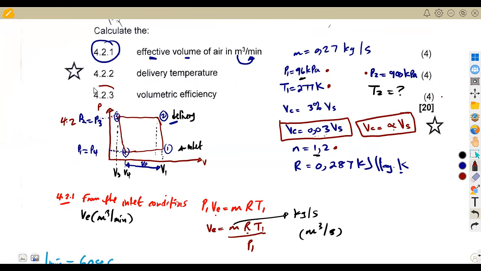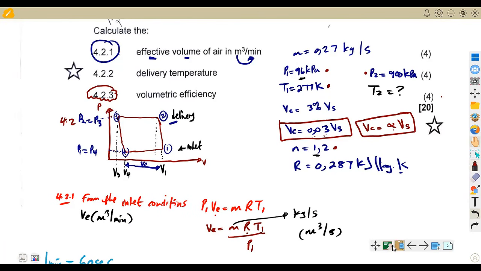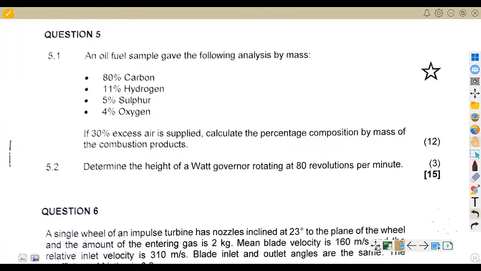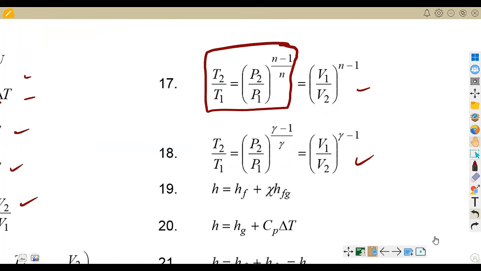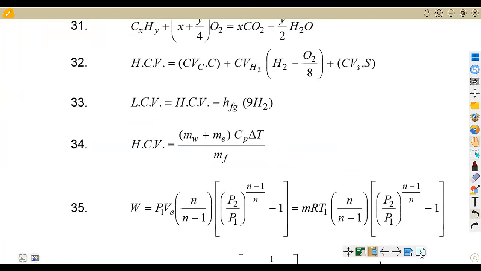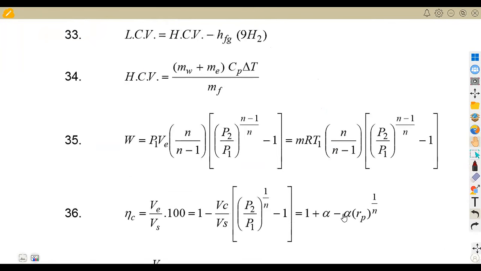All right, then we have got the 4.23, the volumetric efficiency. On the volumetric efficiency, I want us to consider this. This one I want to explain from the formula sheet, because I talked about this before.